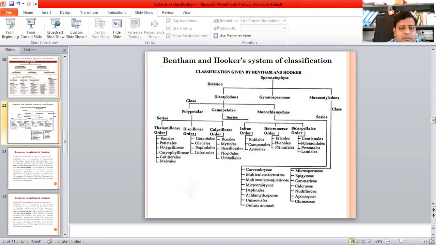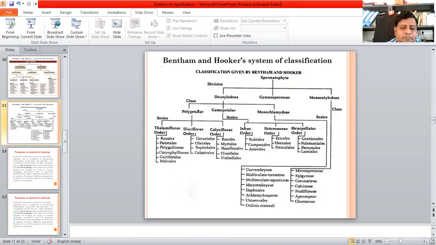Series Epigynae, with very few exceptions, the ovary inferior, seeds are large with endosperm. Series Coronarieae, the perianth at least the inner whorl is petaloid, the ovary superior. Series Calycinae, the perianth is sepaloid, the ovary superior. Series Nudiflorae, the perianth is usually absent or reduced to minute scales. Seeds are albuminous.